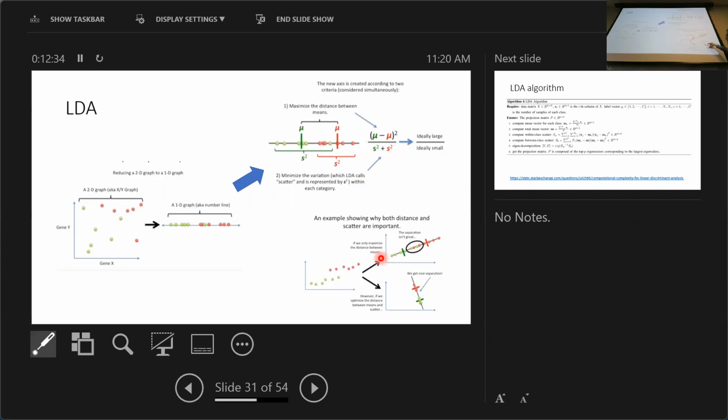The reason is, although you see the average difference between the separation is large here compared to this, there is variation in the denominator, and the variation is very small here. So this is actually the best solution. You can separate the two groups if you look at your data from this angle.